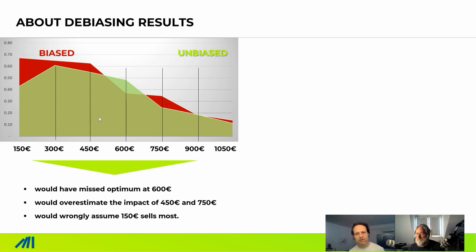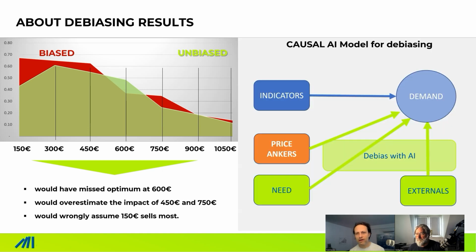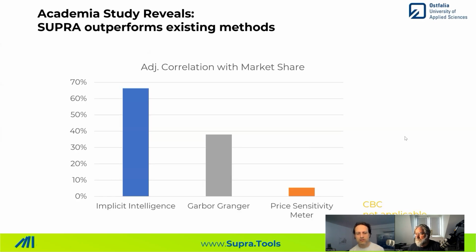The implicit association tests first simply measure the drivers for purchase better, and the machine learning eliminates biases. As a result, we get a very stable result with a very low sample size. And this has been shown by research.